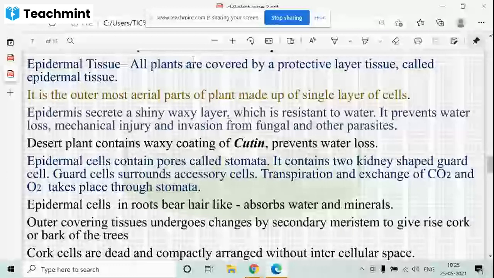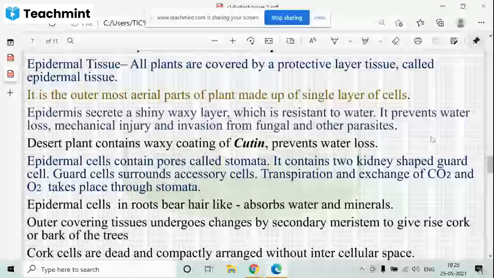This prevents water loss, mechanical injury, and invasion of fungal and other parasites. The epidermal tissue prevents water loss. Because of the waxy coating, the water will not easily dry, turn into vapor and go up. If this happens, the cell will lose water and die. It also supports against minimum mechanical injury.